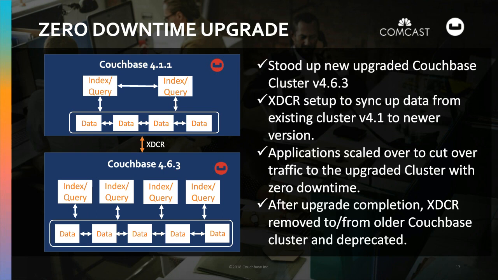So we stood up a new upgraded Couchbase cluster, leveraged XDCR to sync up the data, scaled over the applications, and then after the upgrade was complete and XDCR was up to date, we removed the older cluster and then deprecated it. So it was a very successful migration. Again, the customer base was extremely happy with the results.